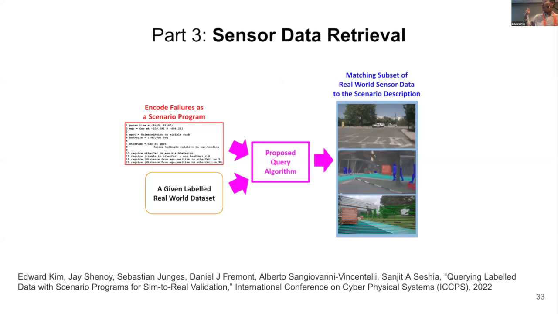And how do we do that is the problem that we were looking into. And here we're using SCENIC as a query language to model, first of all, the scenarios that you want to look for, and then output and retrieve the sensor data that are matching that description.